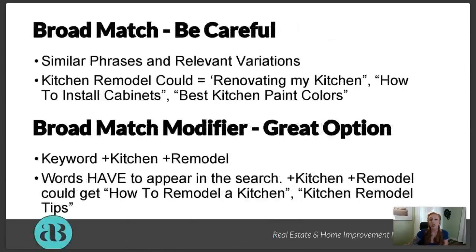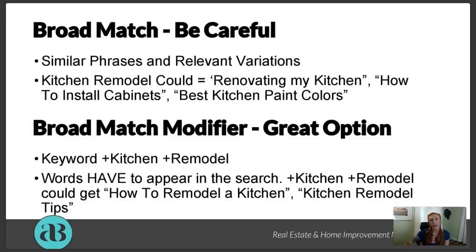So on broad match, you really want to be careful. Broad match is basically going to open you up to similar phrases or what Google considers relevant variations. And some people joke that if Google wants to basically hit their quarterly earnings report, they just have to tweak some algorithms in the broad match section.